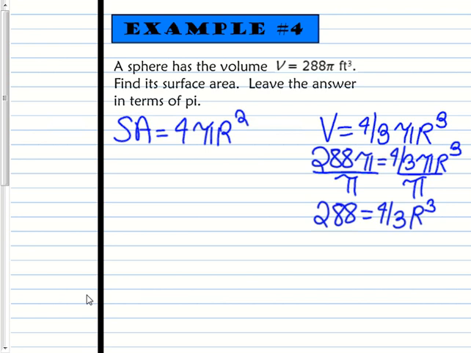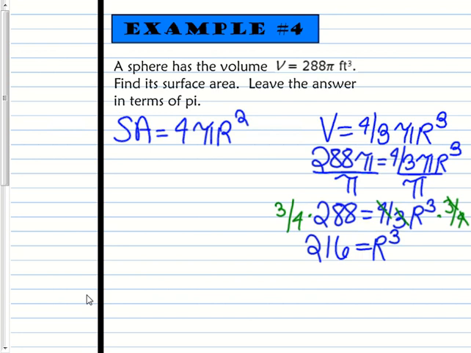Now I'm going to multiply both sides by 3/4. And I'm doing that so I can get the radius by itself. When I do that, this side cancels. And 288 times 3 divided by 4, so 288 times 3/4 gives us 216. So now I have 216 equals radius cubed.